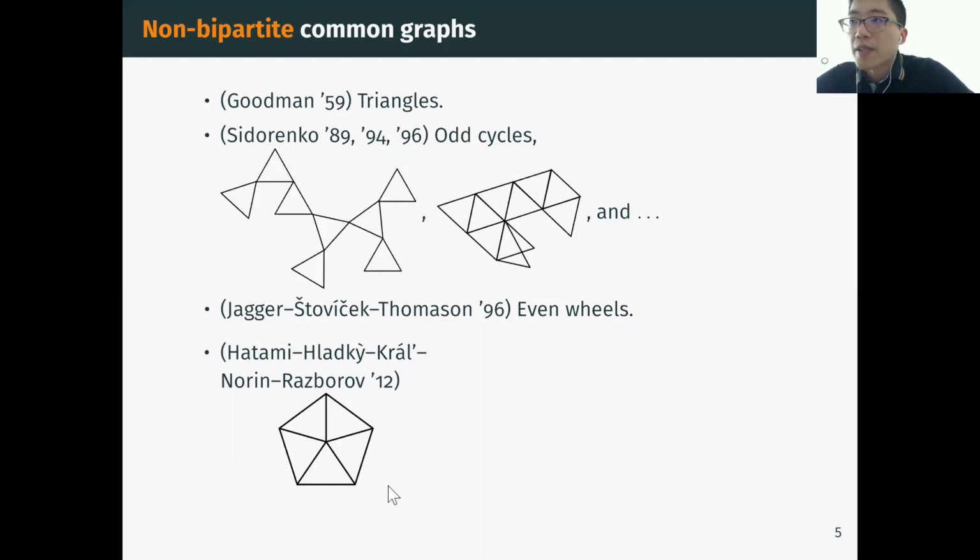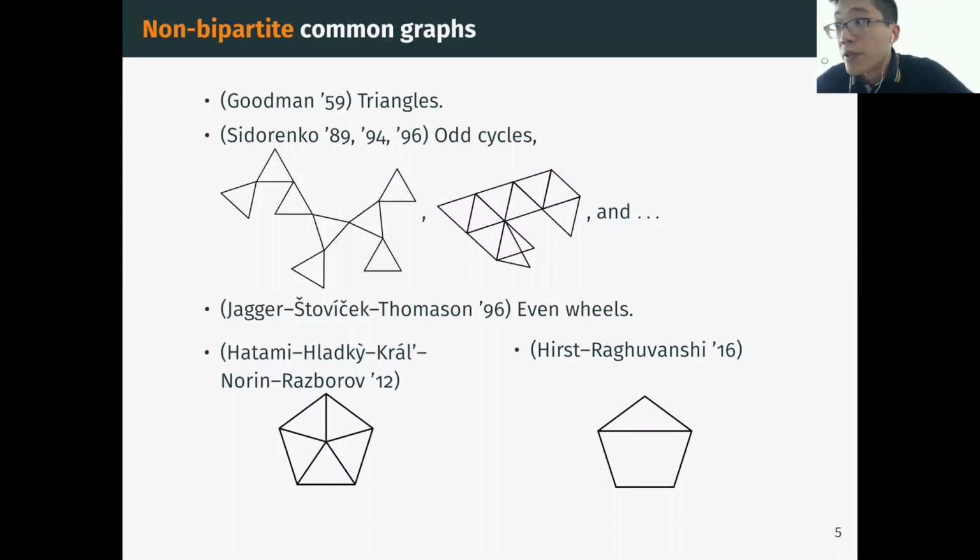And here's another example. These two people, Hurst and Raghuvanshi, proved that this particular graph, the so-called house, is common. They also used flag algebras. This was a high school or undergrad research project pursued at MIT.